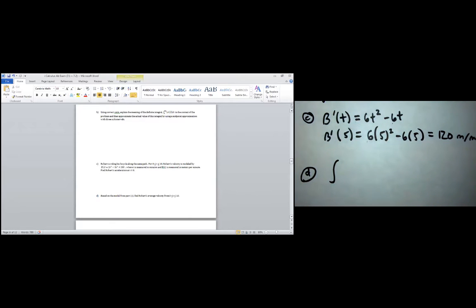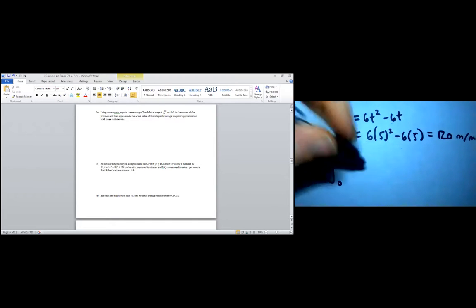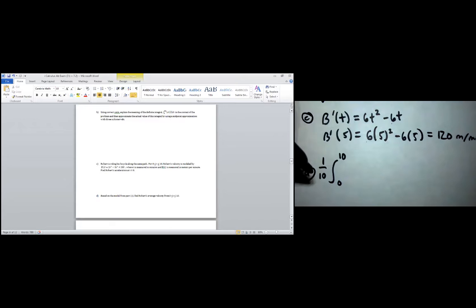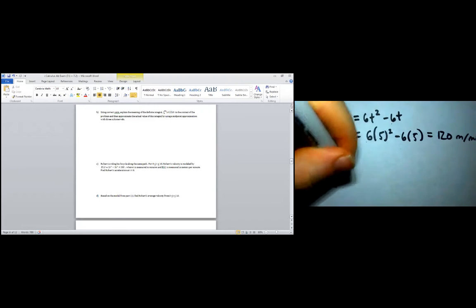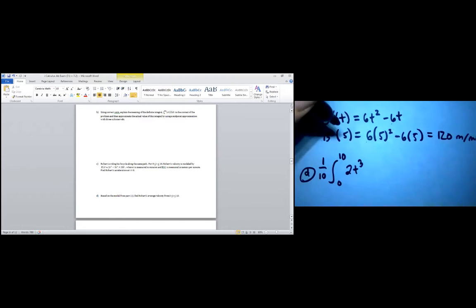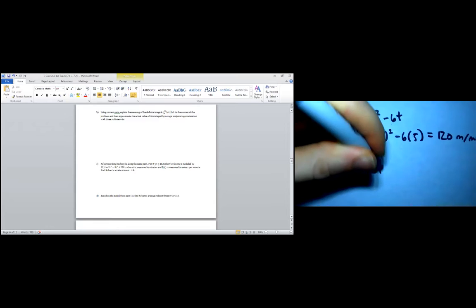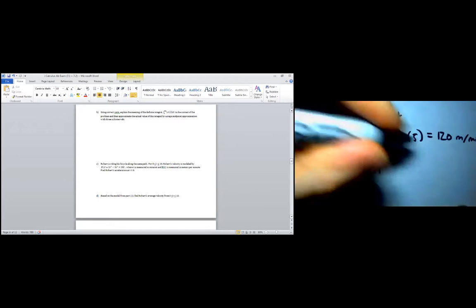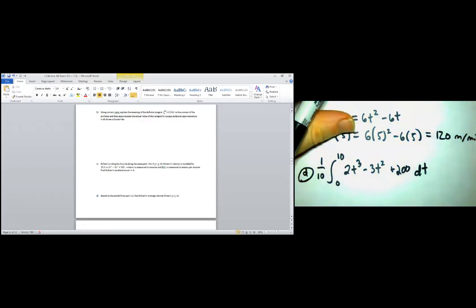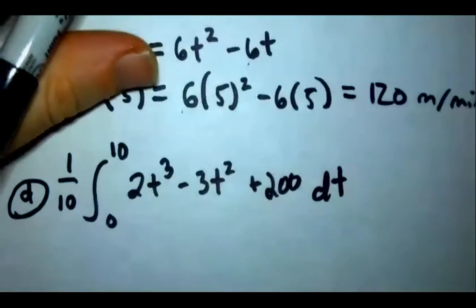Sure. 1 divided by 10 minus 0 times the integral from 0 to 10 of b of t dt. Okay, and then I'm going to put that in. So the integral of 2t to the third minus 3t squared plus 200 dt. There's your setup right there.